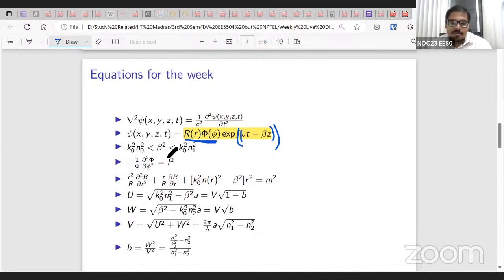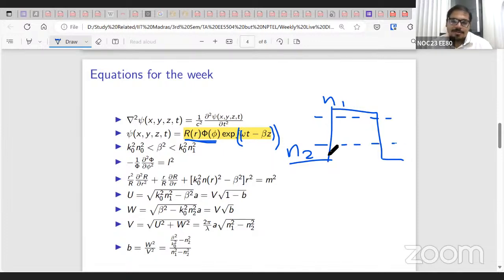Then we have not used the term n effective in our discussions. I think briefly it was touched on that the refractive index profile will be n1 here, n2 here, and the beta values for the modes that you find will be somewhere in the middle of this n1 and n2.